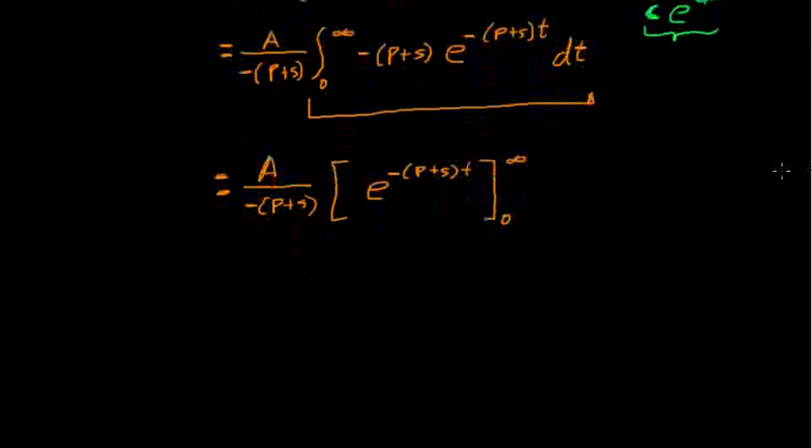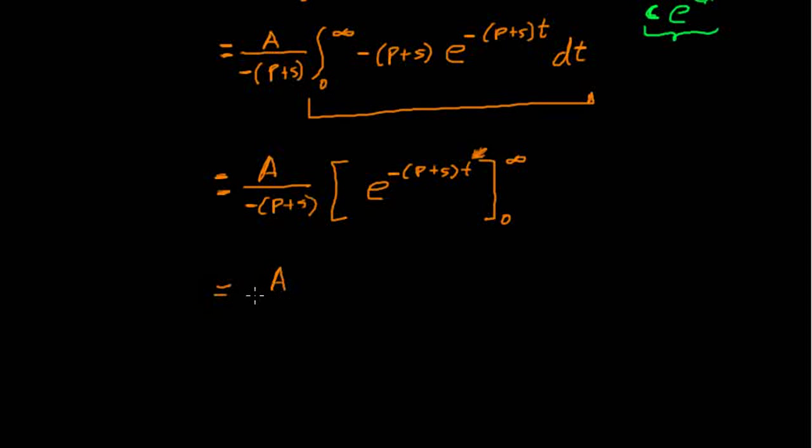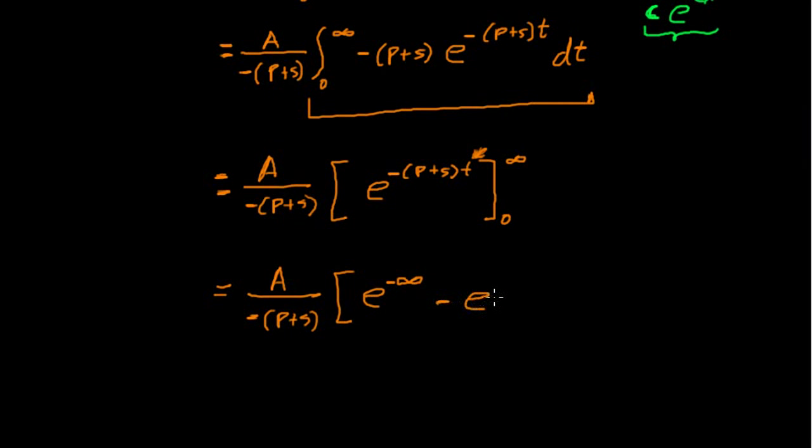So we use these two values on this t, and we get a over minus p plus s times e to the minus p plus s times infinity, which means that here we have e to the minus infinity, minus e to the minus p plus s times 0.